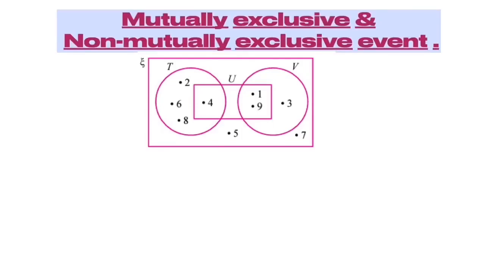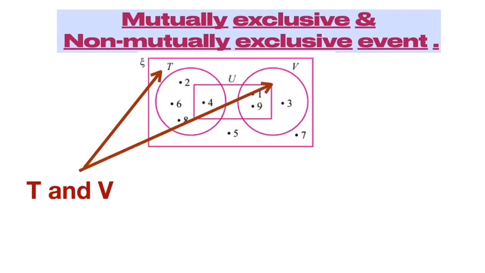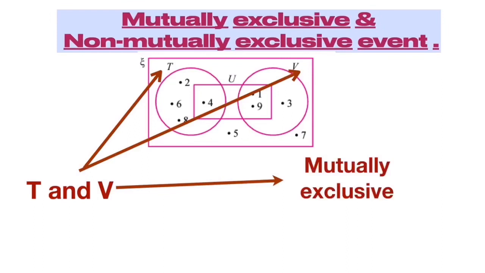Okay, let's see this one. So T and V is said to be mutually exclusive because they do not intersect. Okay, does not overlap. They don't have a common element. Okay, common means same.